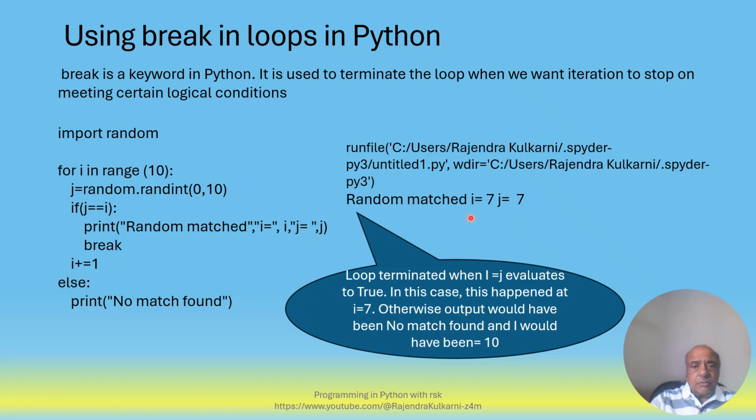If the loop hadn't terminated, we would have got a no match found and i would have gone up to 10. In this case, when i is 7, this break statement terminates the loop, because the condition for the if is evaluated to true.